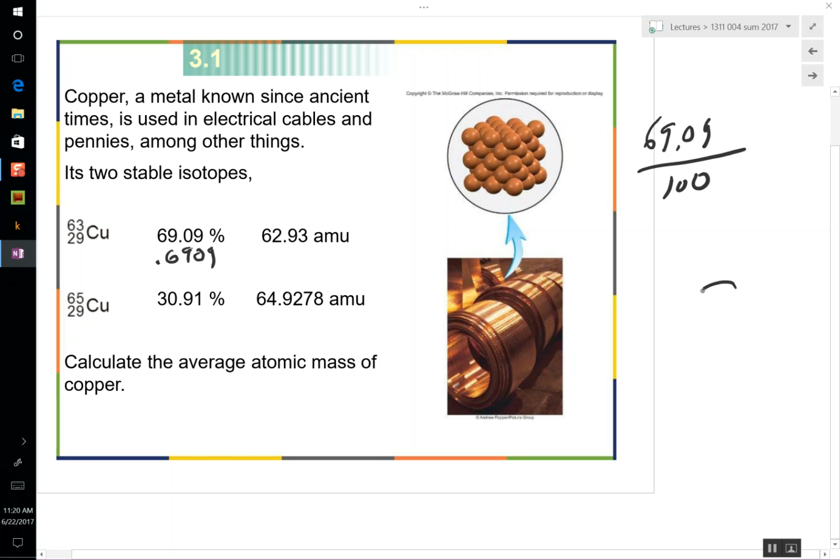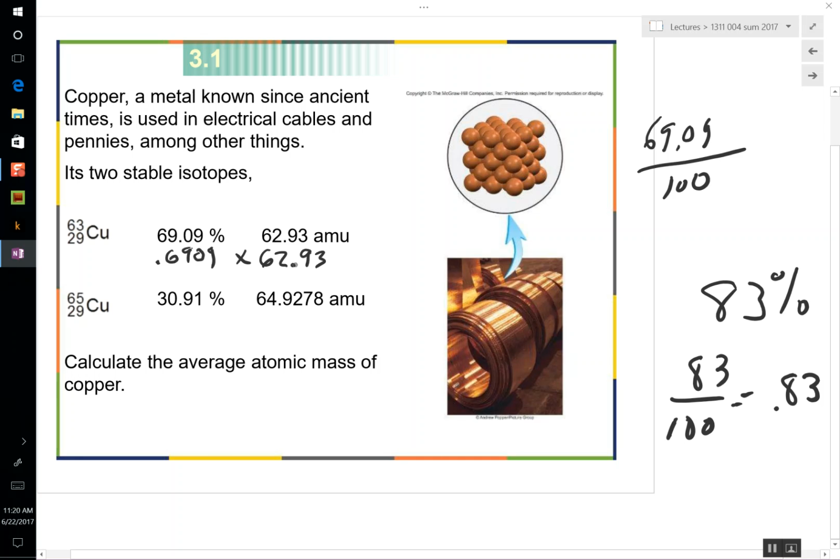So 83% converts into the decimal 0.83. All we're doing is taking away the percent sign, converting that into a decimal, multiplying it by that, and getting a number. We do the same thing over here, multiply and get a number, and add those two numbers together, and you get the average atomic mass of copper, which should come out something like 63.55.